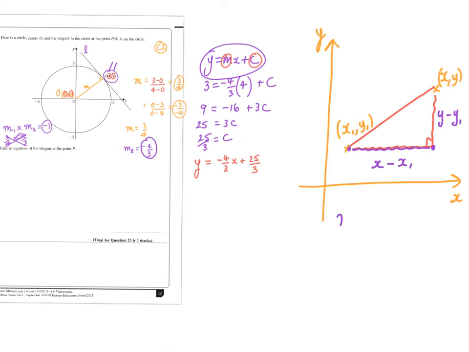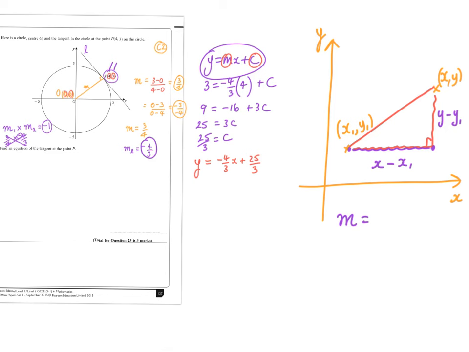And you should know that the gradient, therefore, is the change in y divided by the change in x. If you don't like that, a nice way of looking at the gradient is to say, well, if I go along 1, how far do I go up? And how far you go up is the gradient.